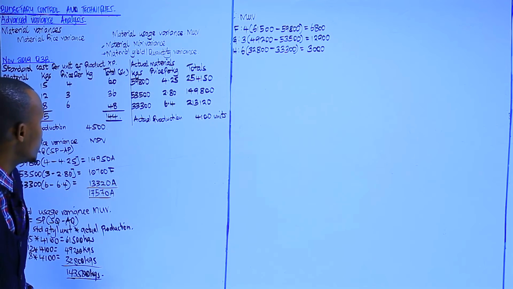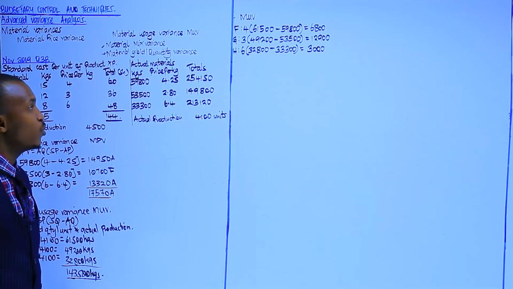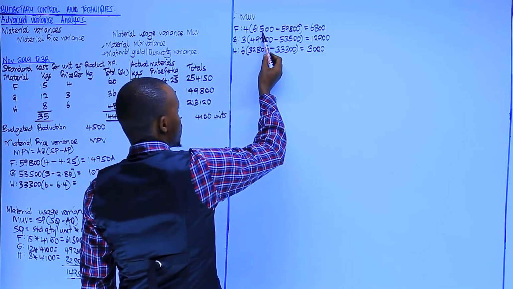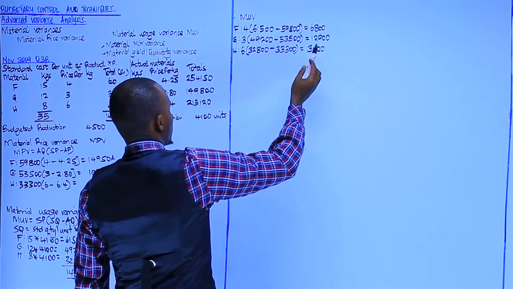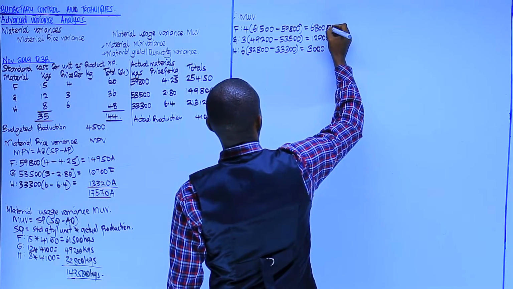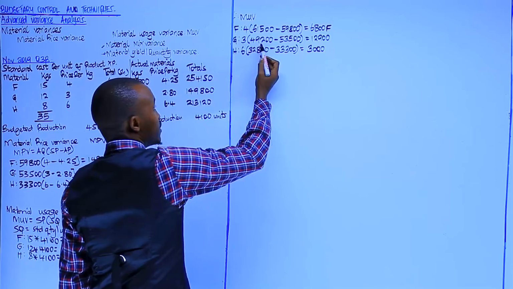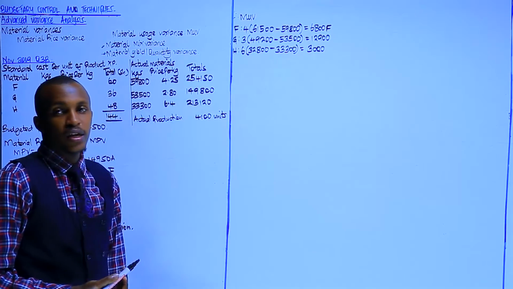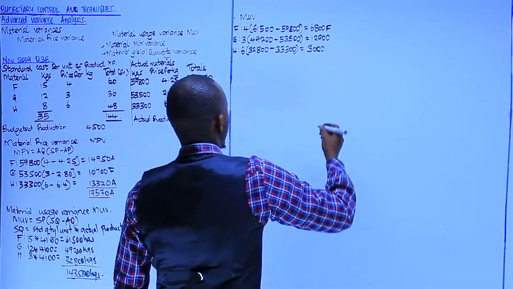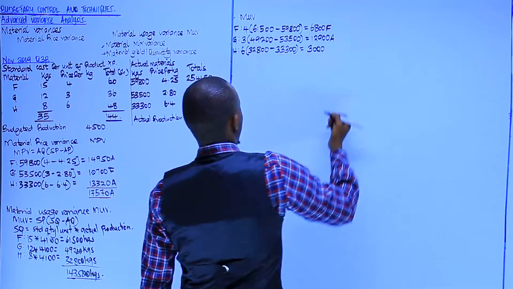It is important we analyze whether it is favorable or adverse. You had budgeted to use 61,500 kgs, ended up using 59,800. Therefore, that is favorable. You had budgeted to use 49,200 kgs, you ended up using 53,500. That will be adverse.